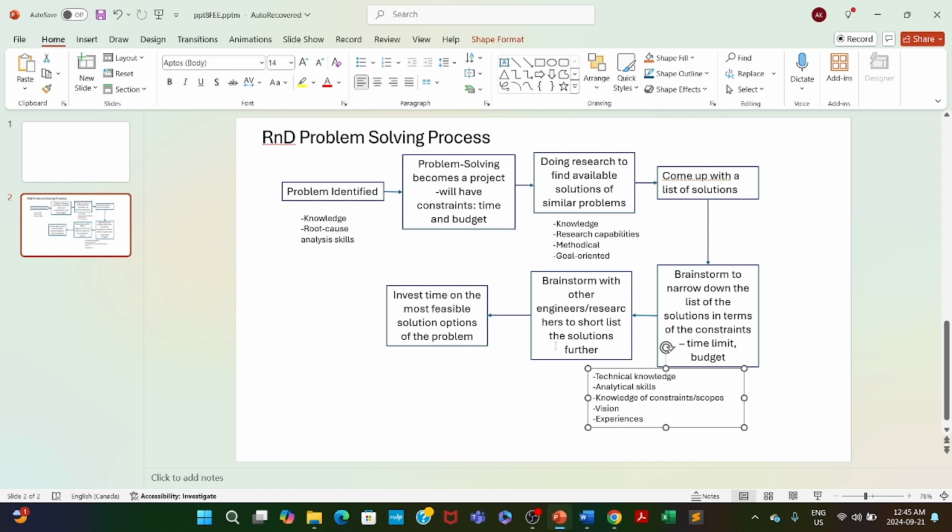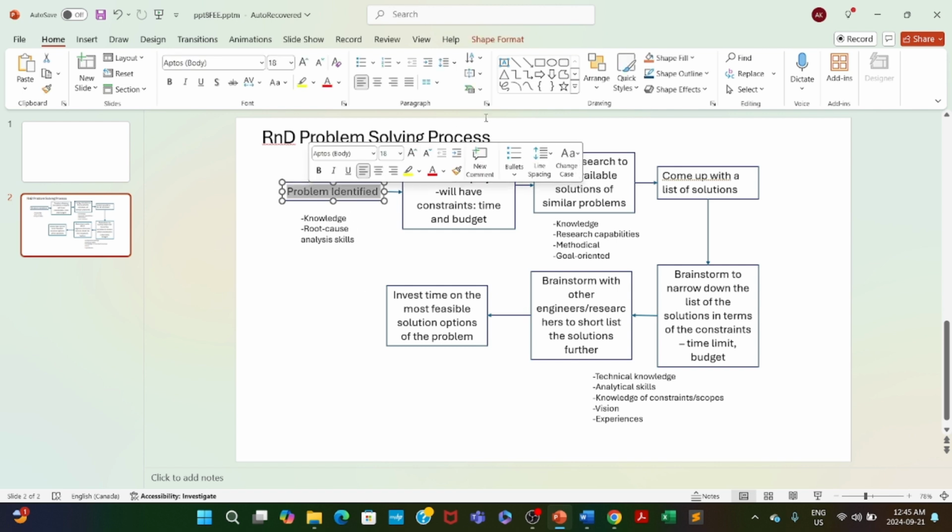And then when we successfully complete all these steps, we end up with those few options where we can invest our time to come up with the ultimate solution.